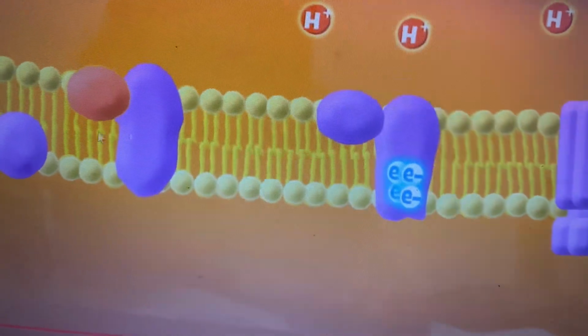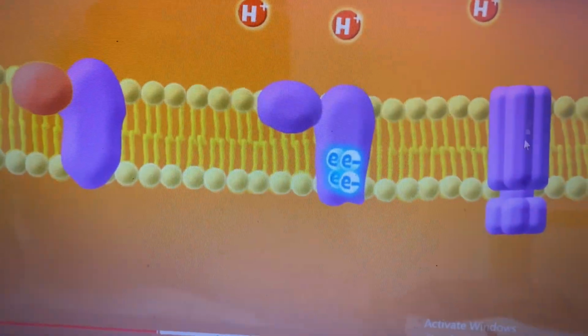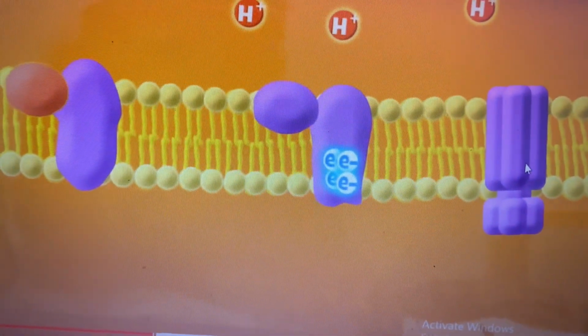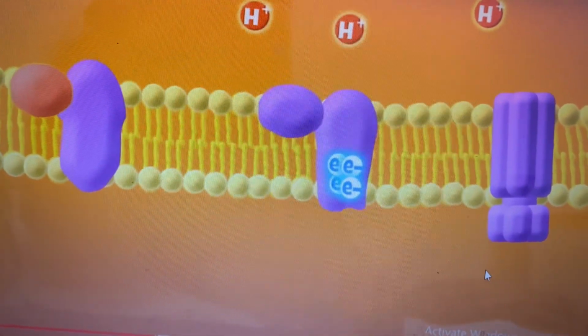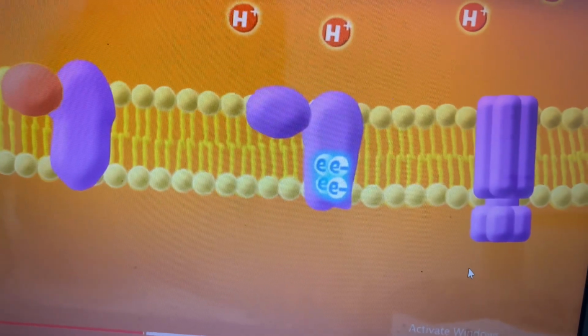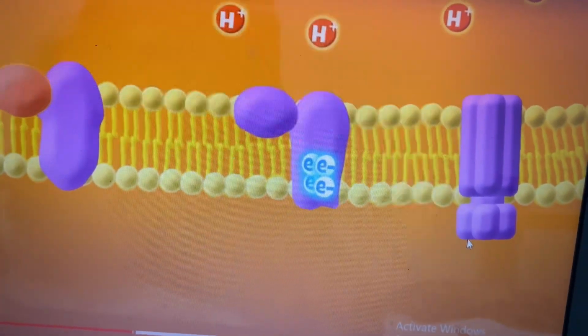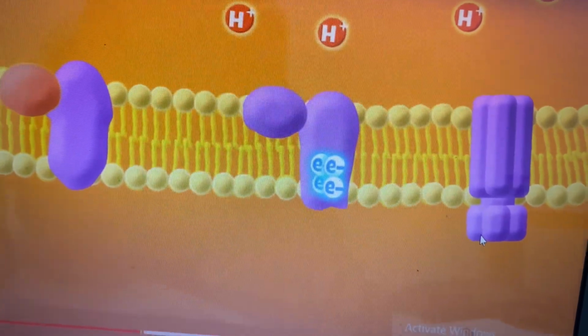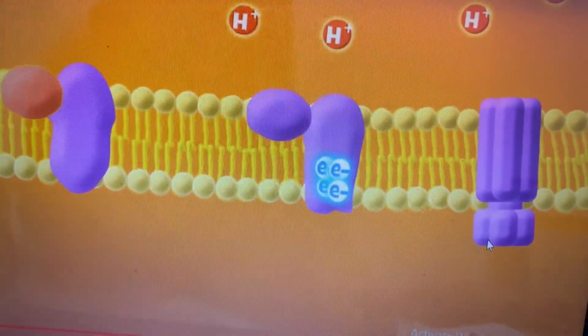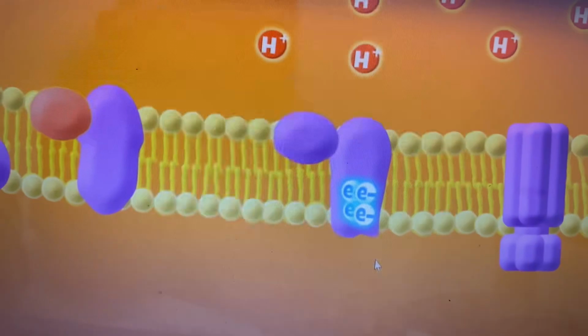If the electron transport system collapses, ATP synthase will not work and you will not be able to generate ATP. Your mitochondria will not be able to generate ATP, and in the absence of ATP, our cells do not function. Our cells are going to die and the ultimate result will be death. And we don't want this to happen.